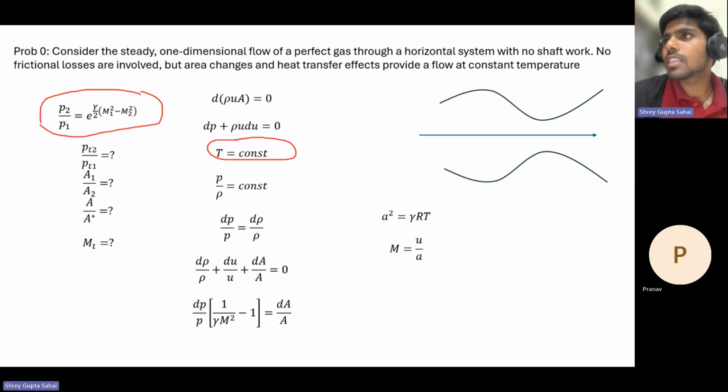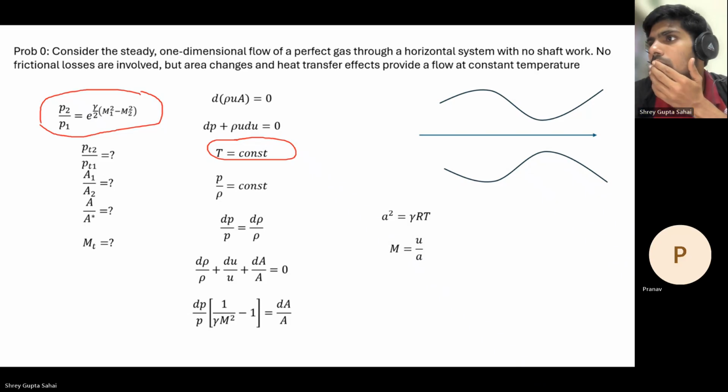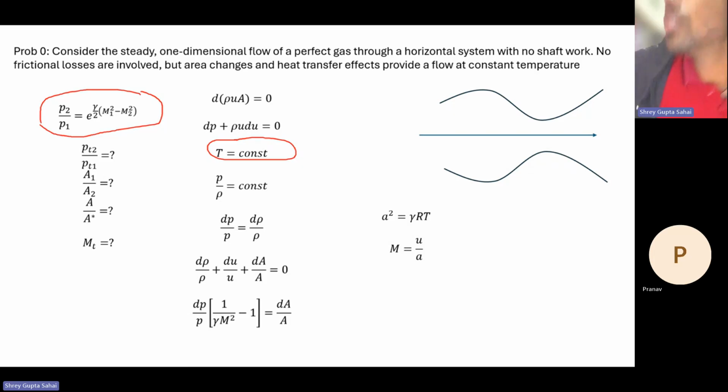Hey, just a second. Maybe the problem is... wait, let me check the problem first. Have I made a mistake in writing the problem? Just give me a second. The problem is fine.